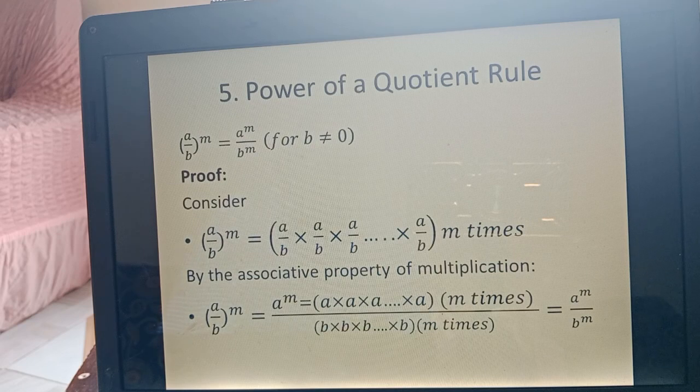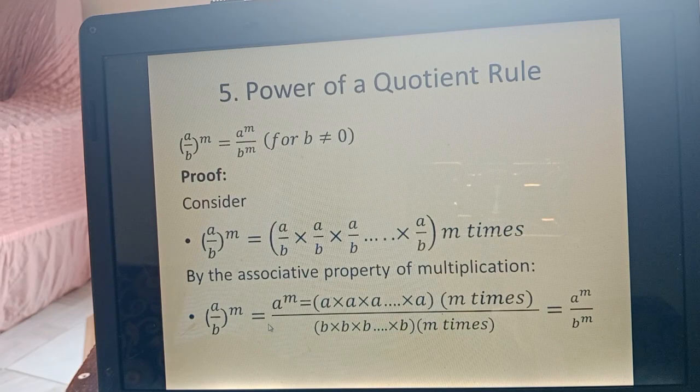By the associative property of multiplication, you have a over b raised to m is equal to a raised to m, which is equal to a times a times a times a times a, m times, and then b times b times b, m times, which is a raised to m over b raised to m.